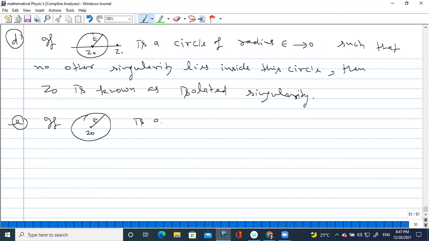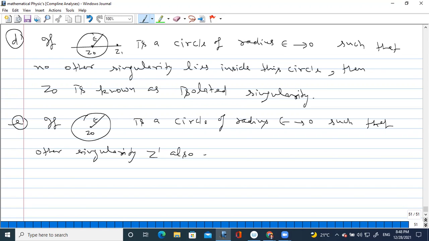If this is a circle of radius epsilon tending to 0, such that other singularities also lie, either many singularities or a single singularity, suppose Z dash also lies inside this circle, it means it is nearby to Z0.